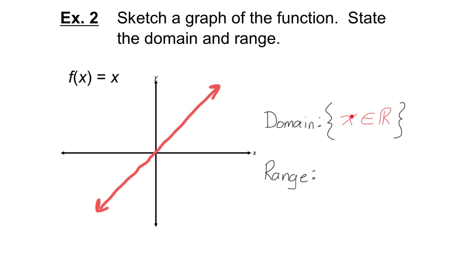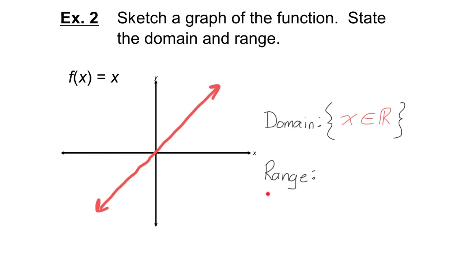It just means x is part of the real numbers. So this script R, that's why I put 2 lines here, that's the symbol for the real numbers. x is an element of the real numbers. That just means x can be any number. Doesn't matter what type. It's any real number.